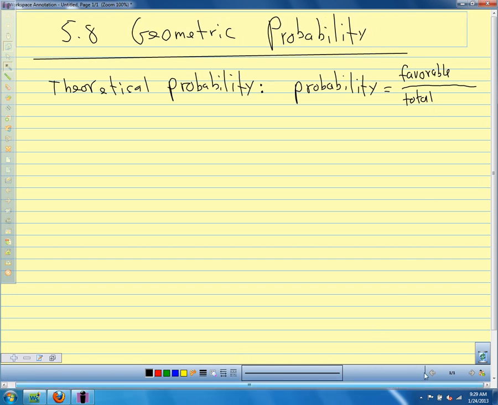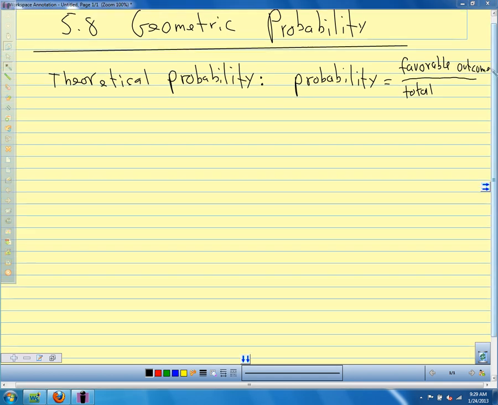And we said it a little more technically, the favorable outcomes over the total outcomes. But the way we usually thought about it was favorable over total. Figure out how many ways whatever it was could be favorable, and we divided by the total number of ways that whatever was happening could happen.